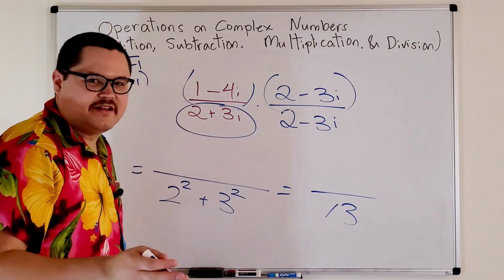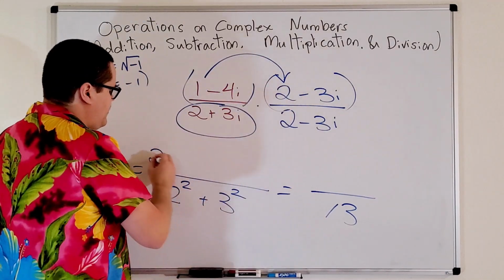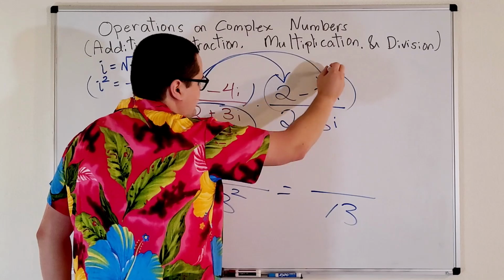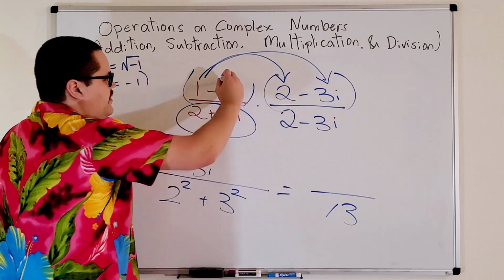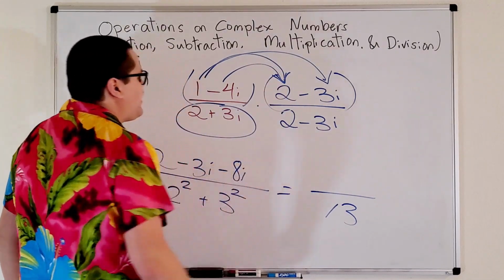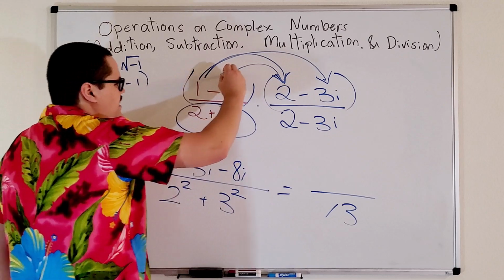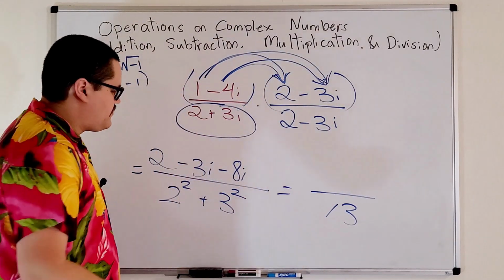First, outer, inner, last. So first, 1 times 2 is 2. Outer, 1 times negative 3i is negative 3i. Inner, negative 4i times 2 is negative 8i. And last, negative 4i times negative 3i is positive 12i squared.